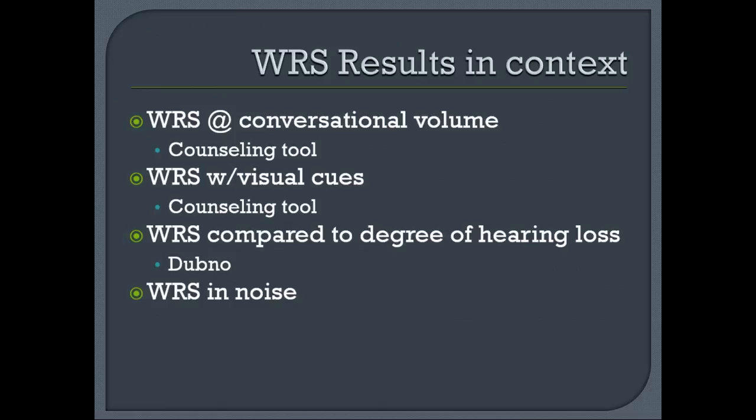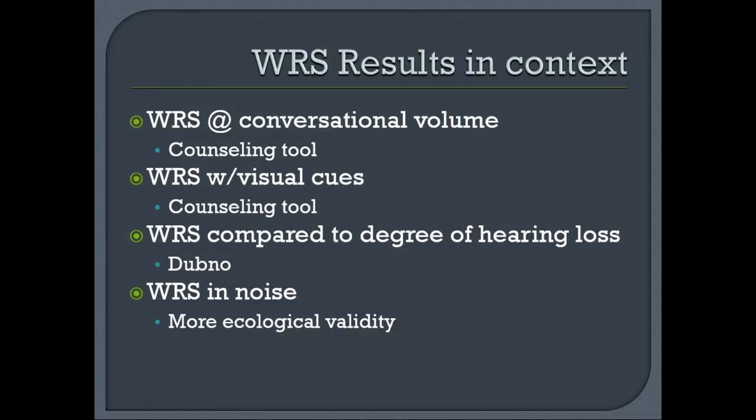There's actually several studies looking at, with certain degrees of hearing loss, what you would expect word recognition scores to be. And Dubno did the first most landmark study on this. This is something we'll go over in class. I have the chart to show you, but it's hard to show you effectively how to use it if you can't see me drawing on the chart.